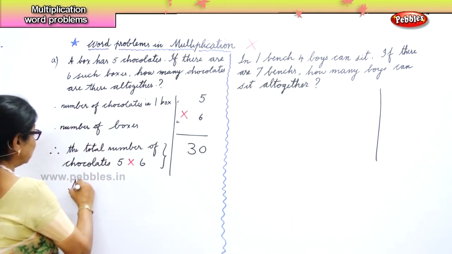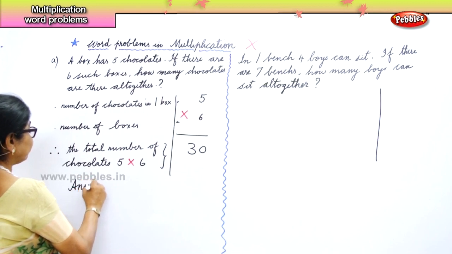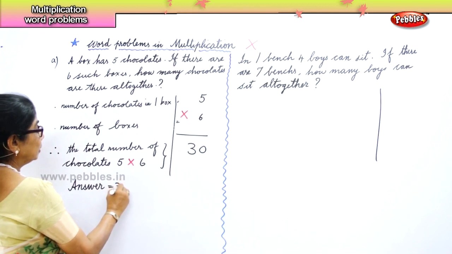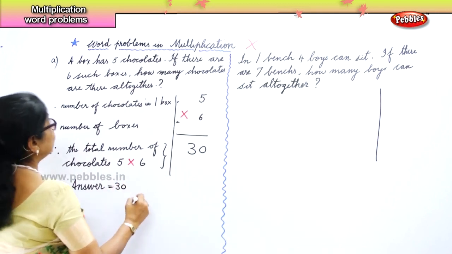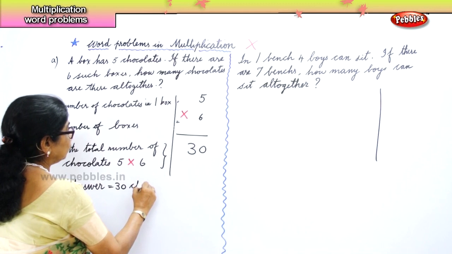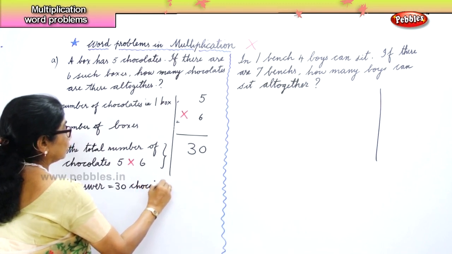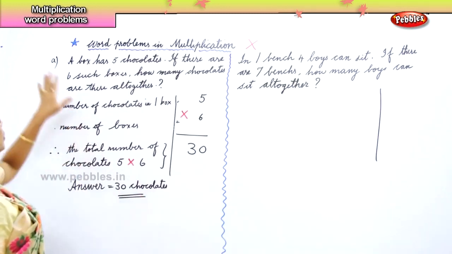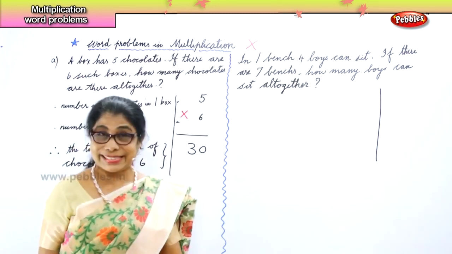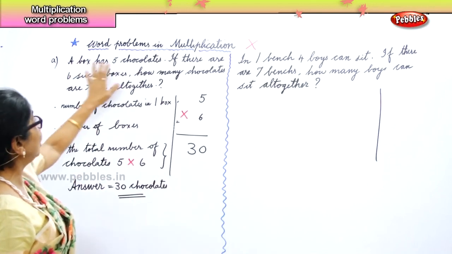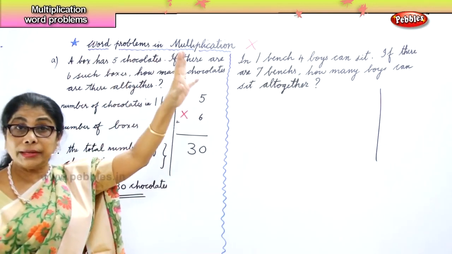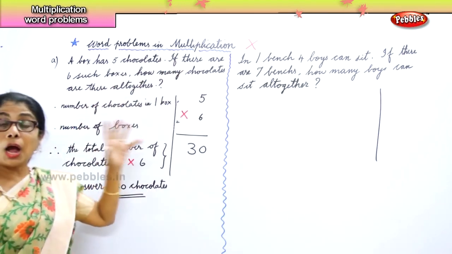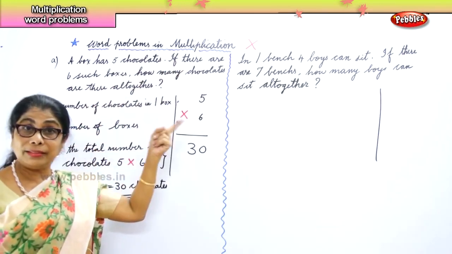So your answer is 30 chocolates altogether. Now, look. First read the question. If a box has 5 chocolates, and if there are 6 such boxes, how many chocolates are there altogether?